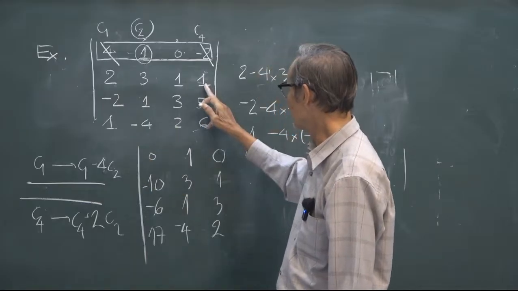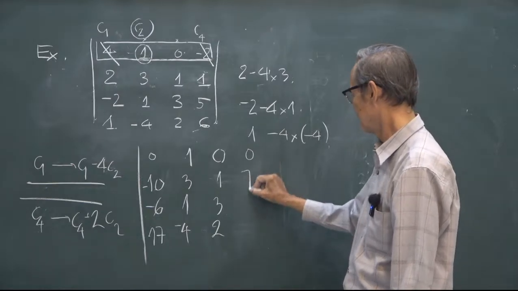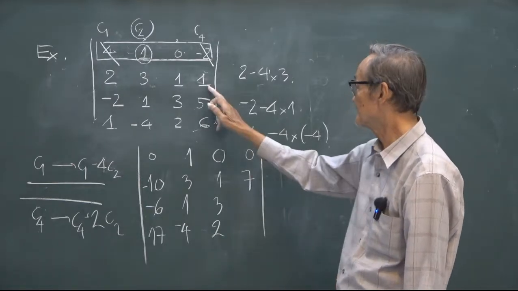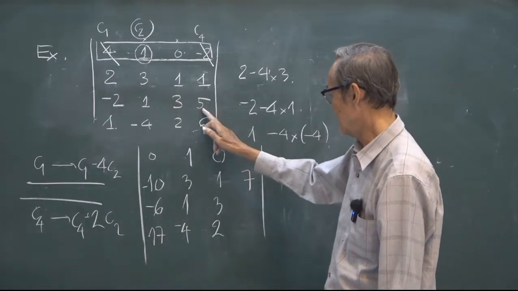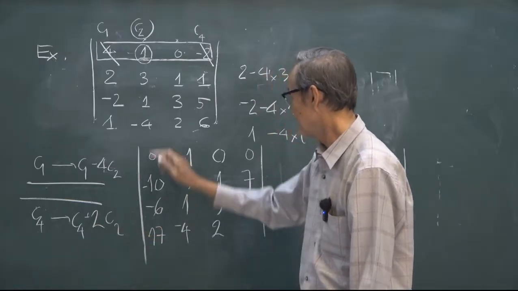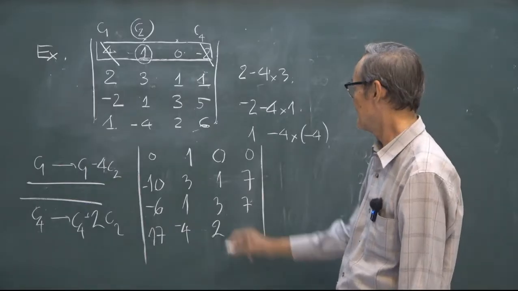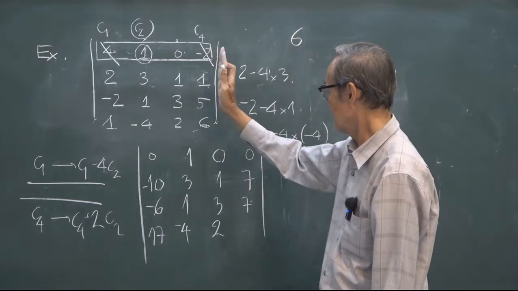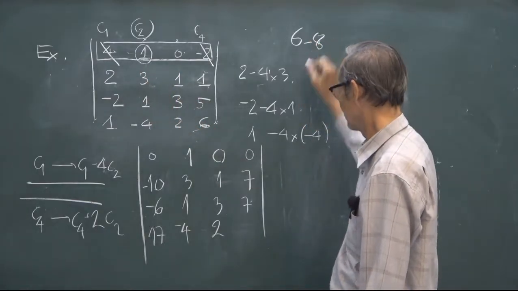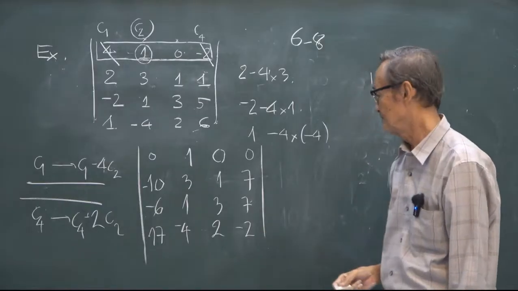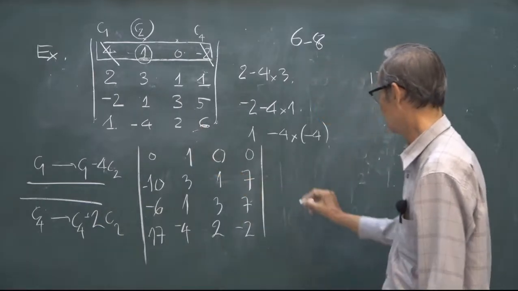This number of column 4 plus 2 of this number, 7. 2 times 3. Column 4 plus 2 of this, 7. Column 4 plus 2, minus 2. Plus 2.